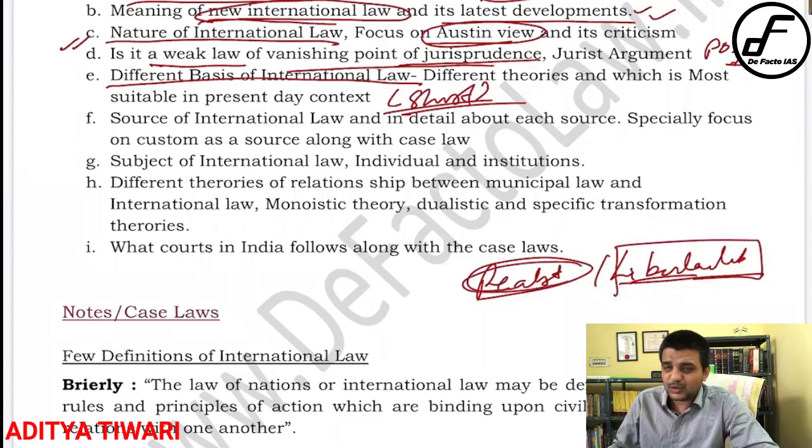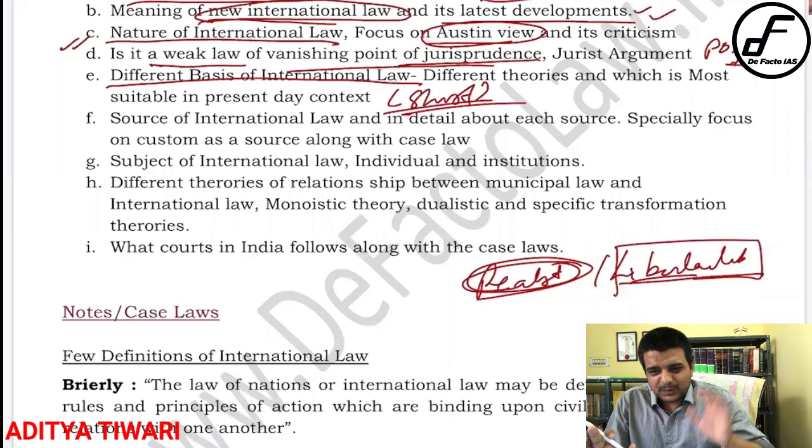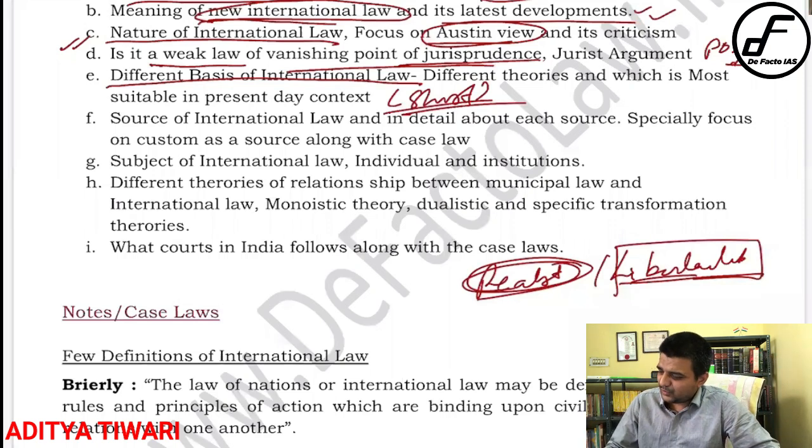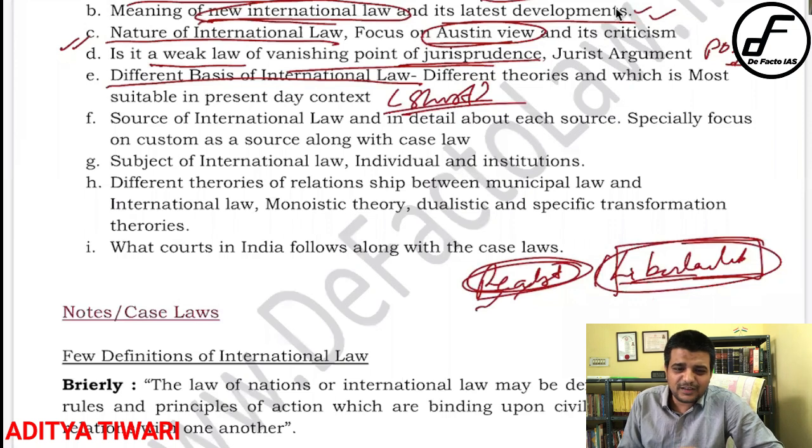The realist view is that no, international law is basically governing two sovereigns, nothing else. So when you support the realist view, you say that international law is a weak law, right? But when you support the liberalist view, you say that international law is not weak but a strong law. So हमारी बात तो वही मैं कह रहा था, two theories actually you study. That will be more than sufficient.